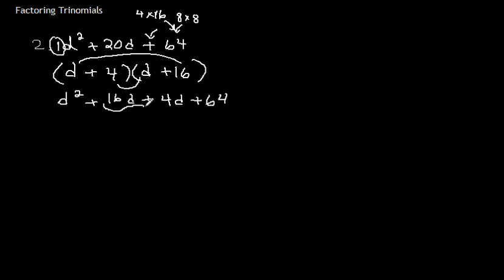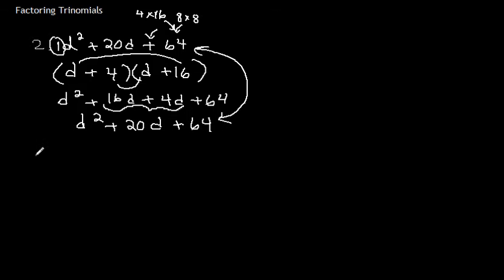When we add these together, we get d squared plus 20d plus 64, and it's going to look just like what we started with. Usually, since you're saying what times what gives me this, and what times what gives me this, your first and last terms are always right. The one you need to check is that your outer and inner add up to your middle.